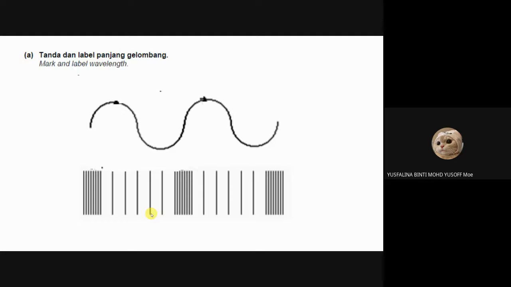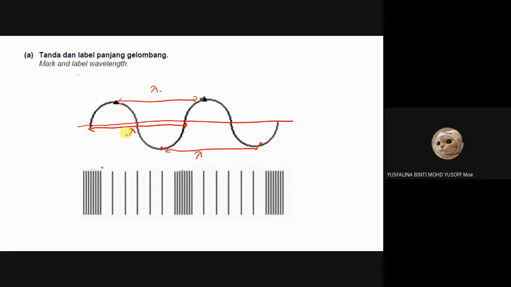For this one, you have to mark and label the wavelength. Let's say I make a line like this. From here to here is 1 lambda, or from here to here also 1 lambda, or from here to here also 1 lambda. So you have this label in the diagram.